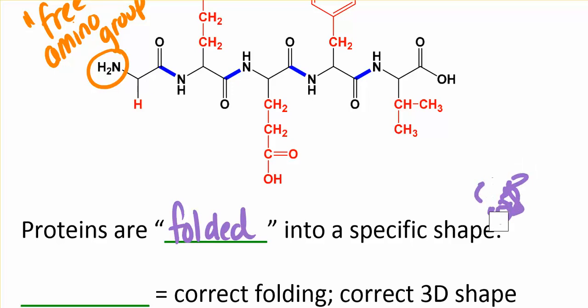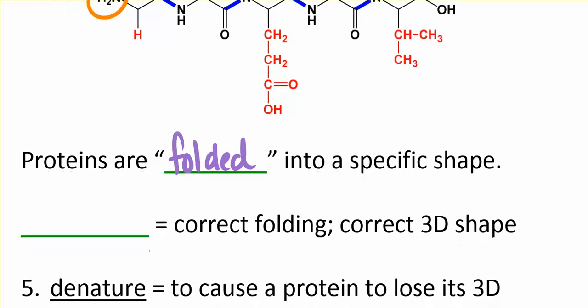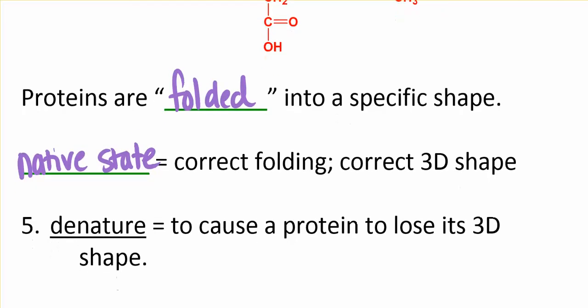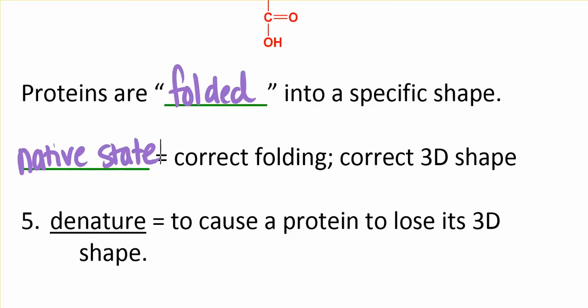They're not wadded up randomly. They have a very specific shape. We call that specific shape their native state, their natural shape. This is the shape they need to be to work, to do their job, if they're an enzyme or a receptor or whatever they might be.